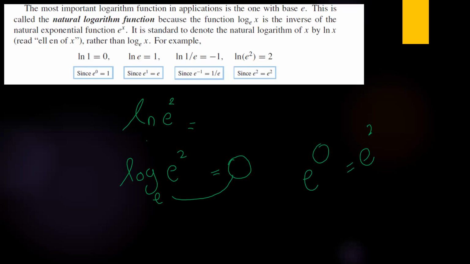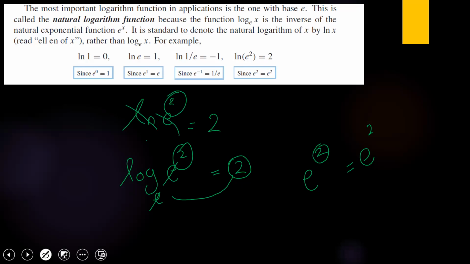How can I make them equal? Squared, yes. So the answer is 2. So logarithm of e squared to the base e is 2. So ln of e squared will be 2. It is like ln cancels e, so I have 2 only.